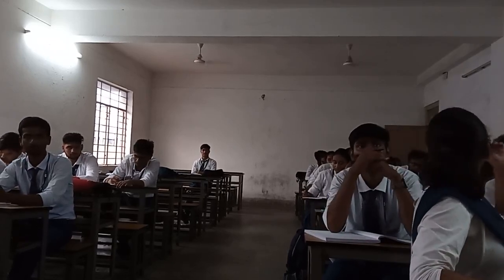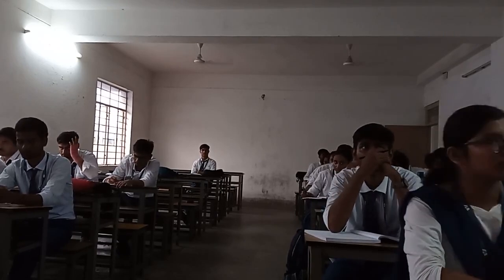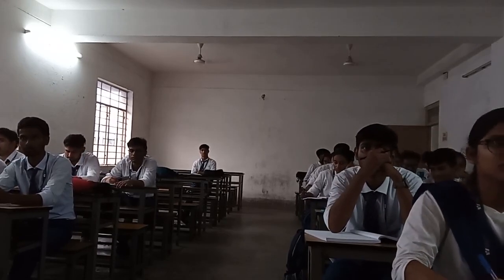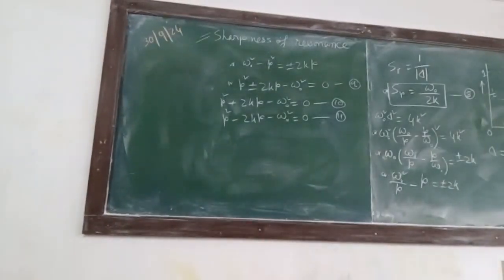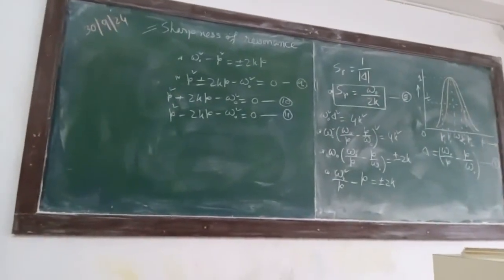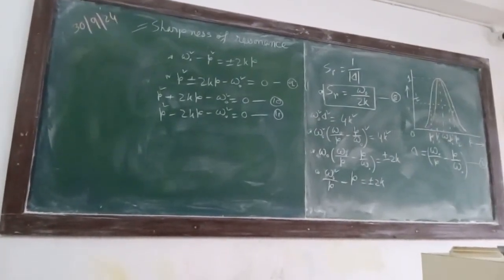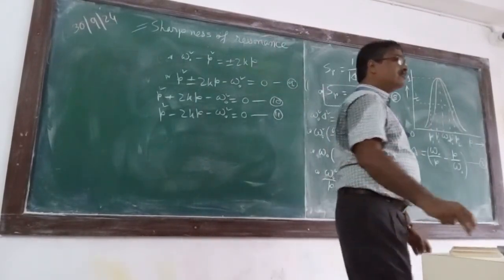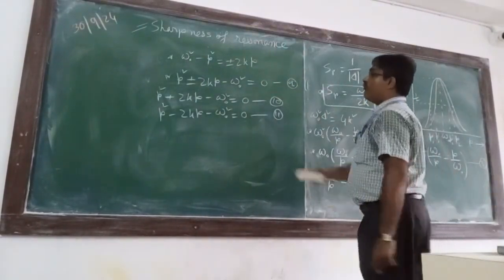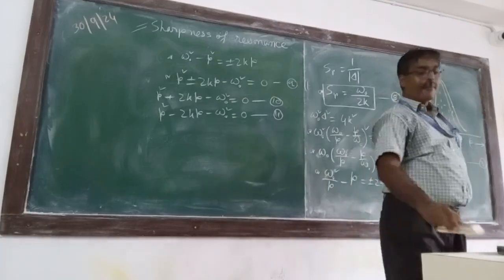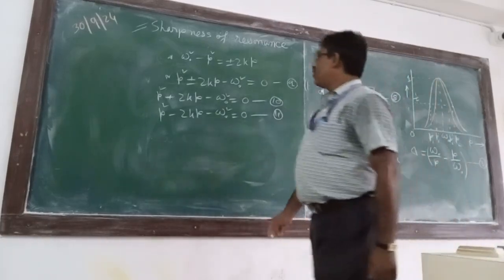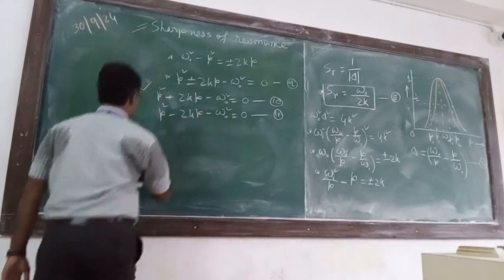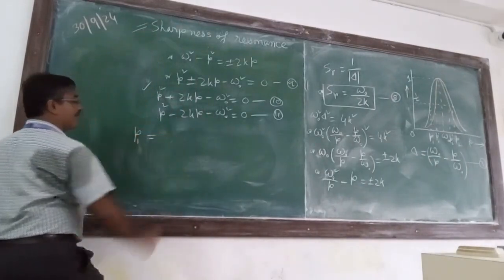Now how do we solve these two equations, 10 and 11? There are two equations, one is 10, another is 11. Then how will we solve it? So if we solve using the quadratic formula, then what is P? We say this is P1.